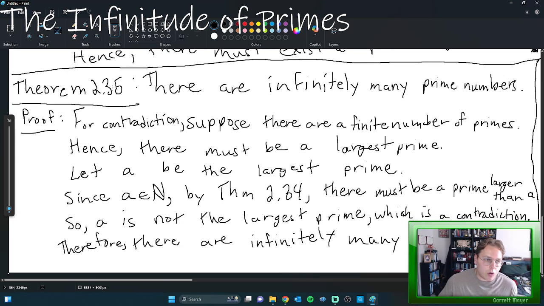And then kind of just drawing that out, that shows that there's infinitely many primes. Anytime we try to bound the primes, there's a need for another prime to be added into the list.